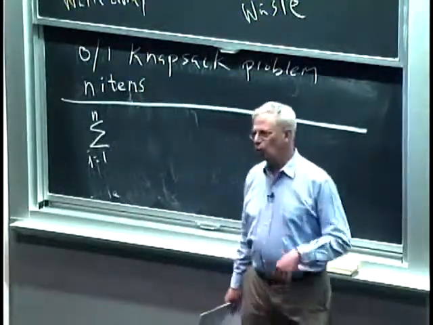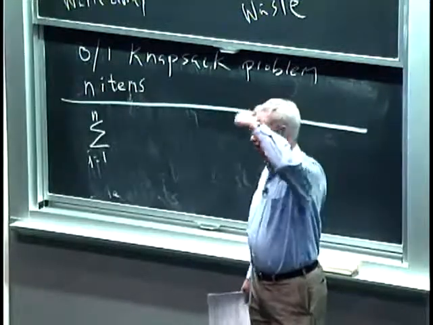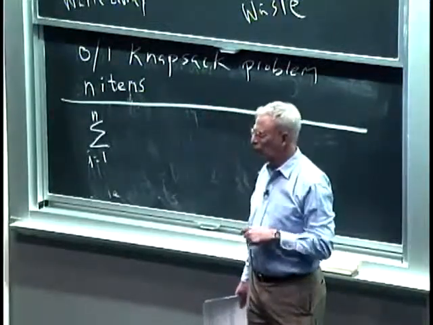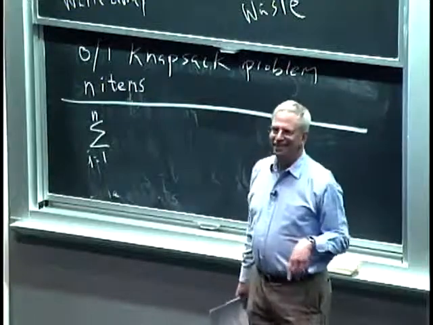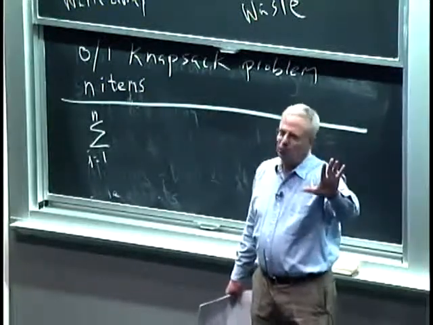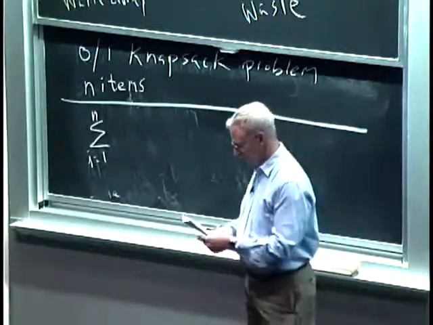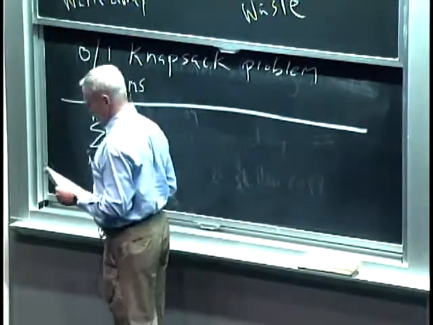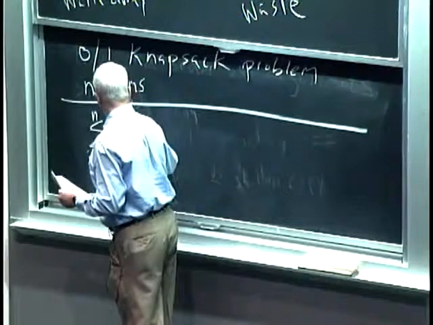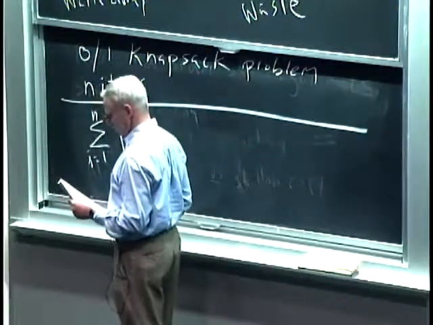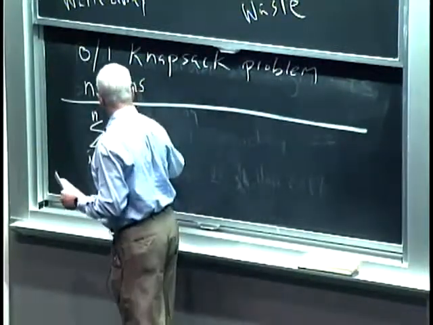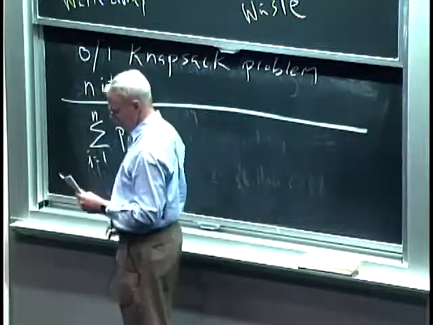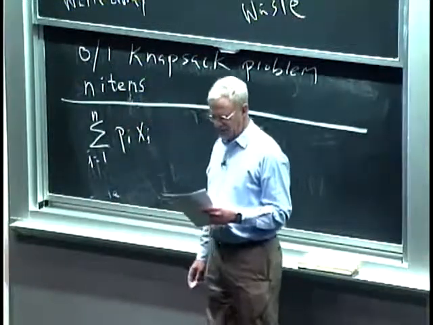So I might label watch 1, watch 2, and so on. I don't care that they're both watches. They're two separate items. And then what I want to maximize is the sum of the price of item i times whether or not I took xi.